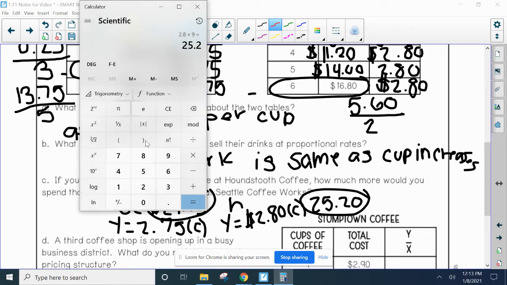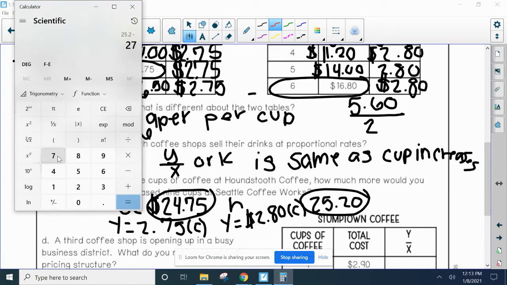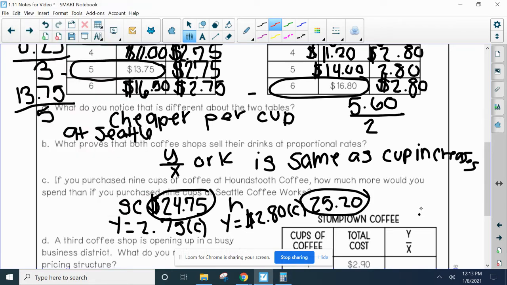So now our last step is to say $25.20 minus the $24.75 it's going to cost us at Seattle's Coffee. So we get that it will be 45 cents more expensive. Did you guys get those 3 right?